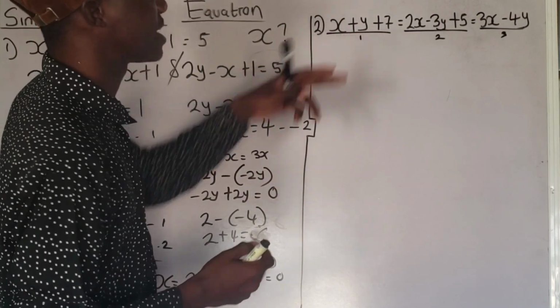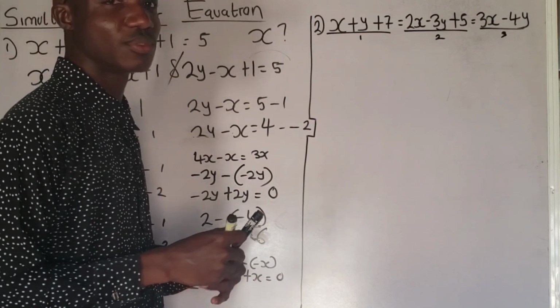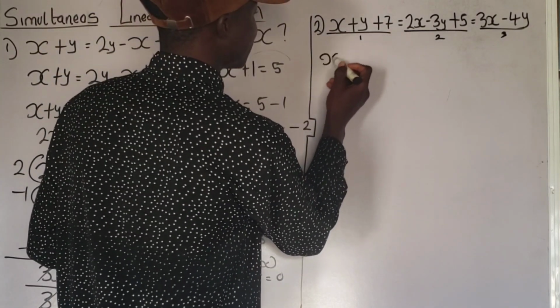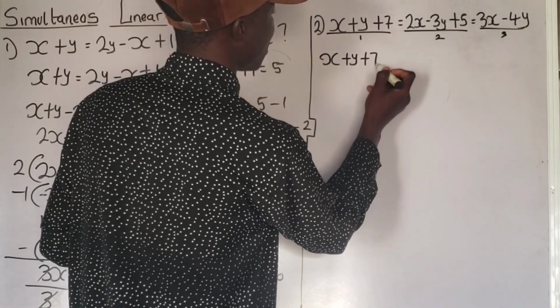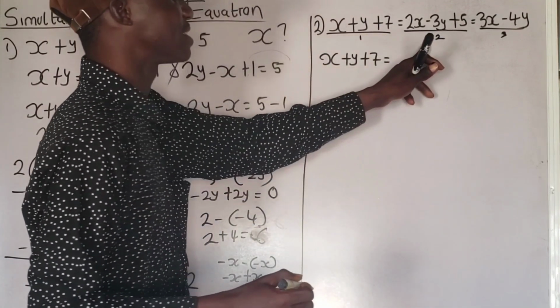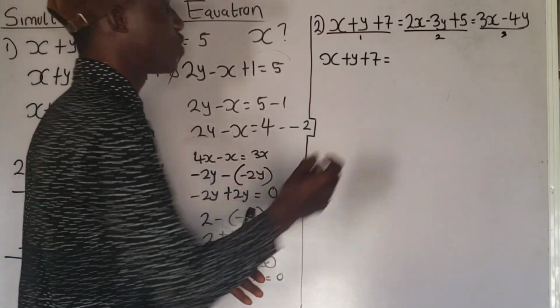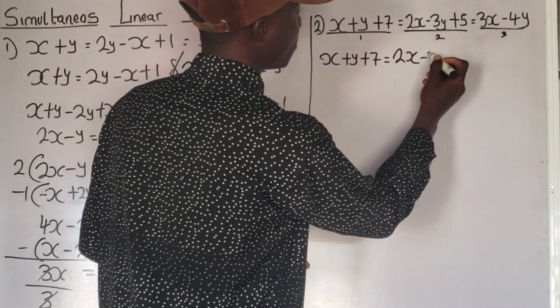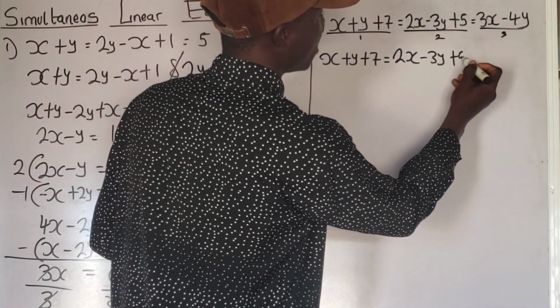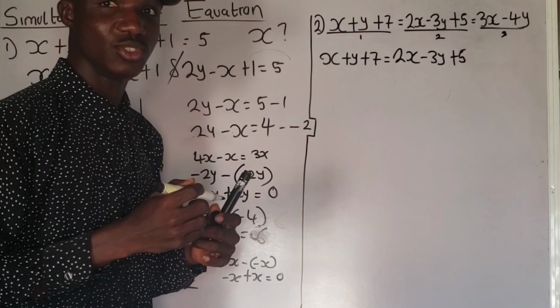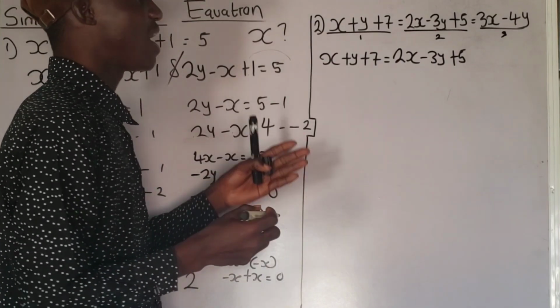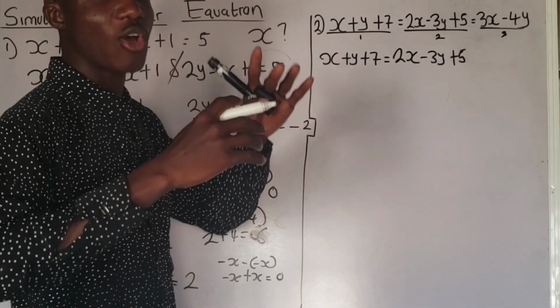The first part is x plus y plus 7, so I'm going to have x plus y plus 7 is equals to the second part. The second part is 2x minus 3y plus 5, not minus y, minus 3y. Now, let us deal with the other 2 parts.